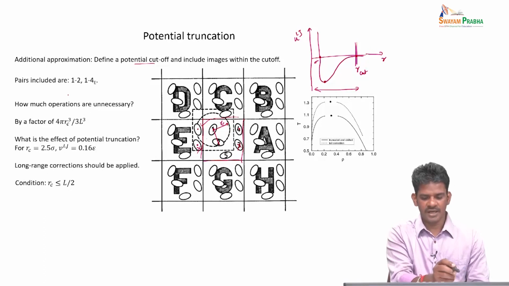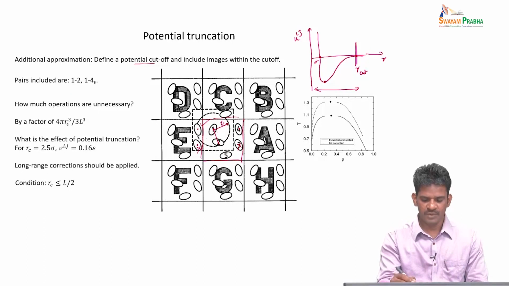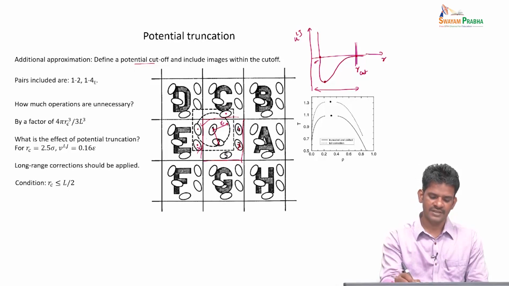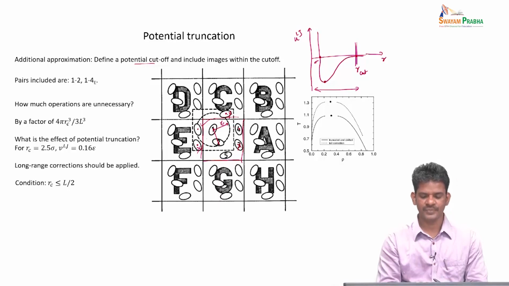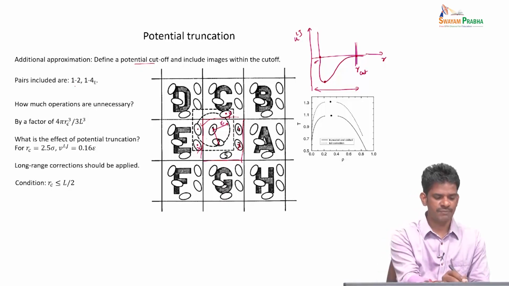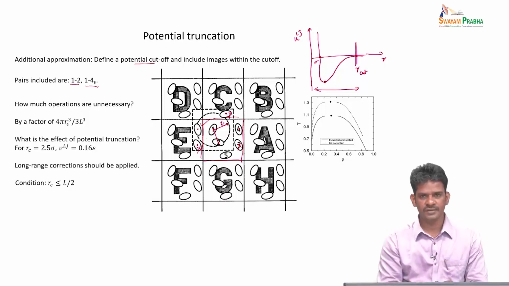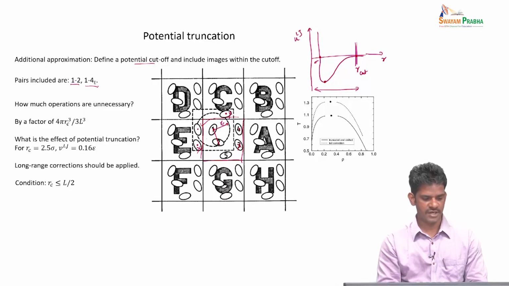If you look at molecule 5, its periodic image 5 was considered here, but the center of molecule 5 here is away from RC, so we are not going to consider this either. So effectively, the meaningful contribution comes only between 1 and 2 and 1 and 4E after applying the potential truncation.